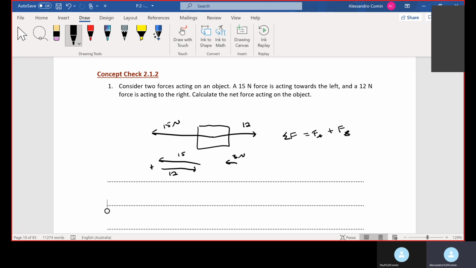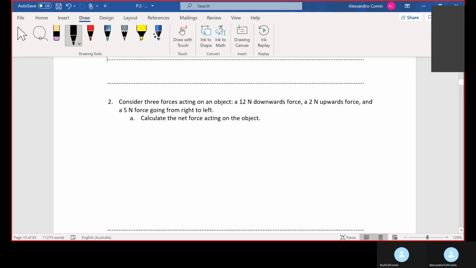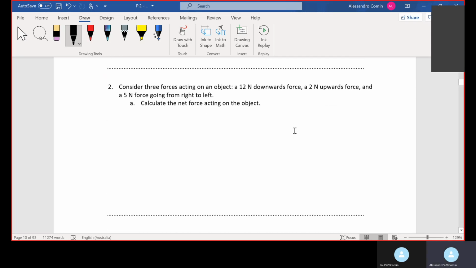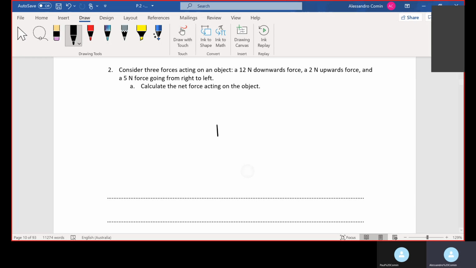Someone might be rolling their eyes right now saying, oh, this is obvious, why are you explaining this? The reason I am explaining this is because it becomes very complicated when I have vectors in multiple directions, which I think is the last question in this concept check. Here we see we have 12 newtons down, 2 newtons up, and then a 5 Newton force going from right to left.